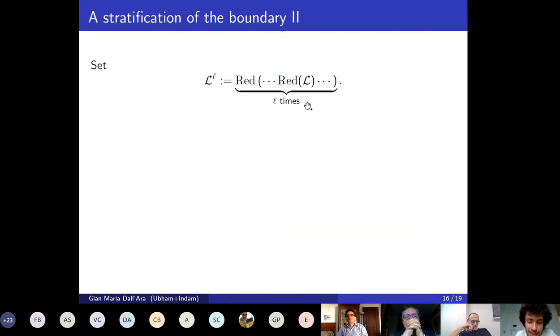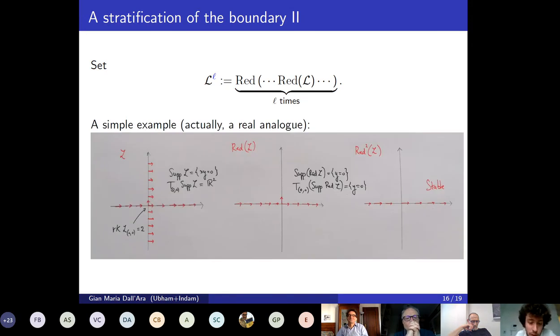This looks very complicated, so let me give a simple example of a real analog. I'm not going to draw complex distributions. So here the manifold is the plane, and in red I described a distribution. For any point outside the union of the two axes, I'm looking at the figure on the left now.